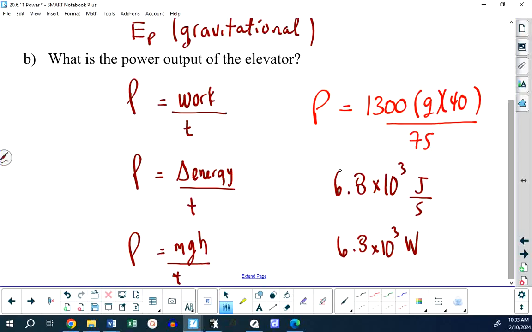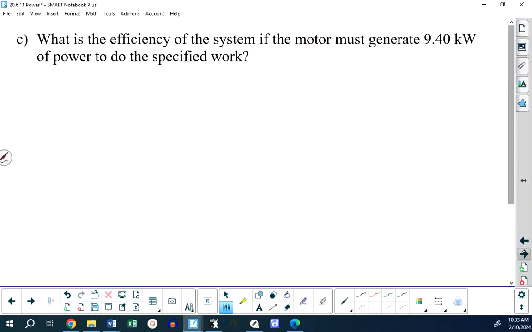Yep, of course. What is the efficiency if the motor must generate 9.4 kilowatts of power to do the specific work? What this means is whether the motor is powered by electrical energy or diesel energy or traditional gas energy, you're consuming every second 9.4 times 10 to the 3 joules each second.